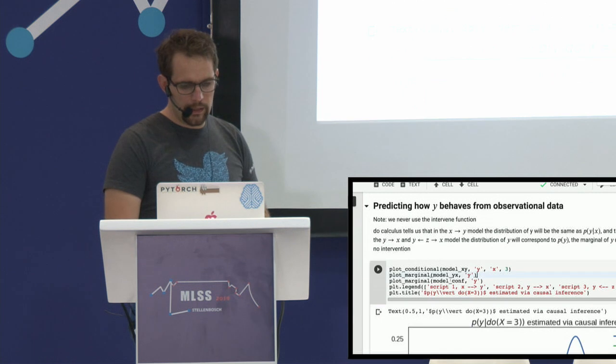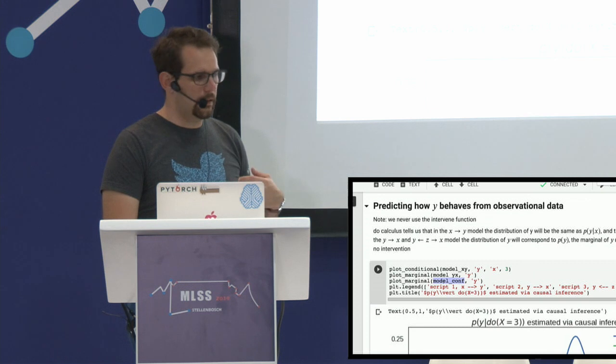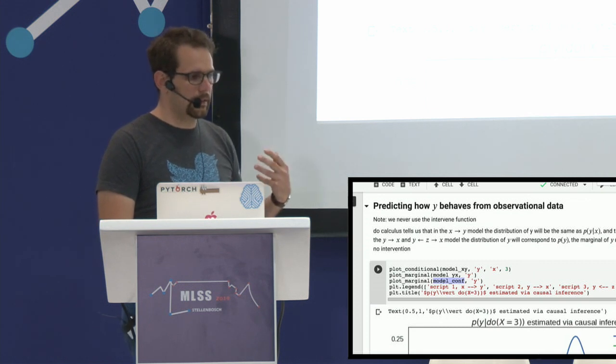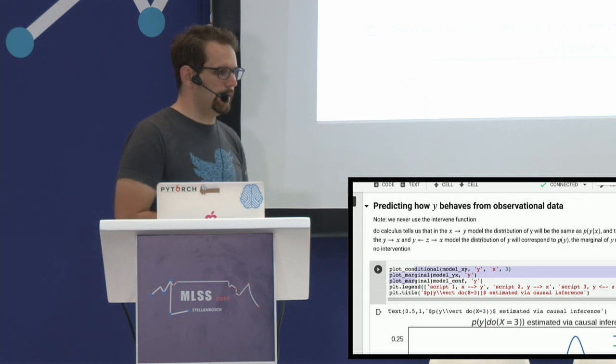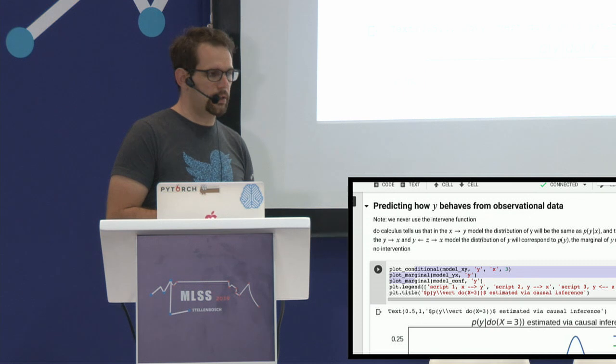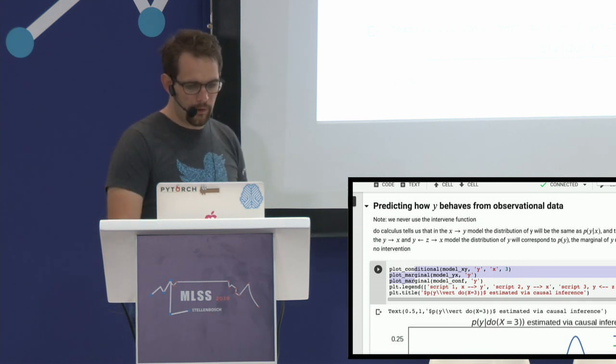So I know that if I plot the conditional distribution of model xy and I put the marginal distribution of model xy and model yx and model conf, then I'm basically done. And notice that these functions don't use the intervene inside. This basically just plots the conditional distribution and the marginal distribution of this model.